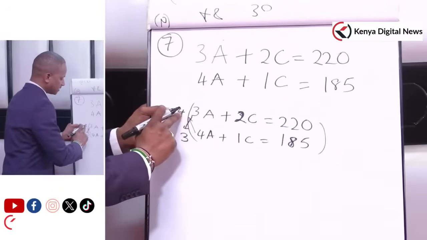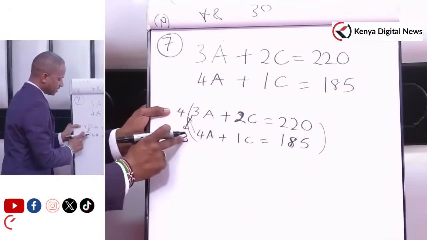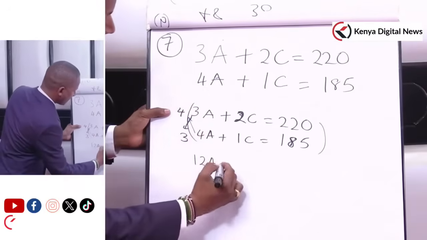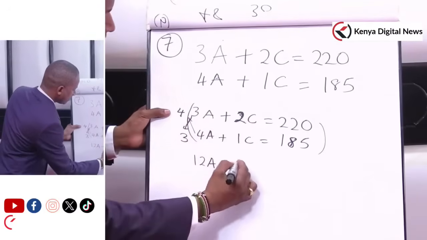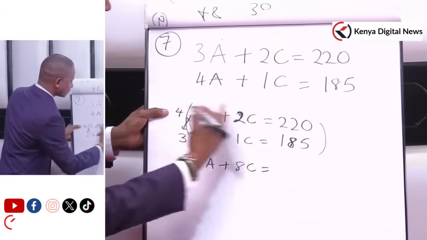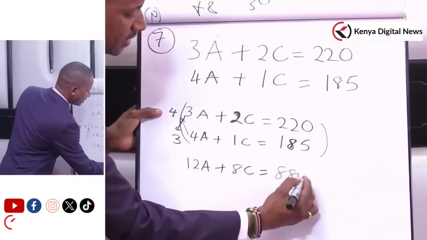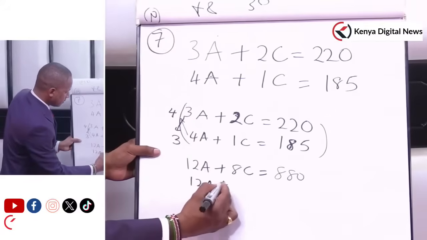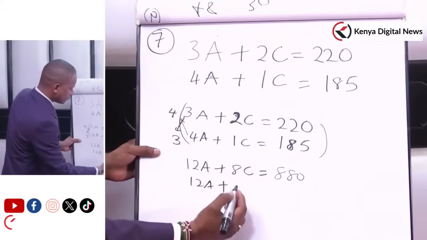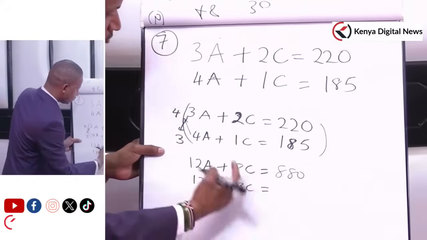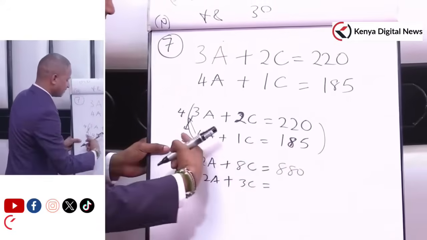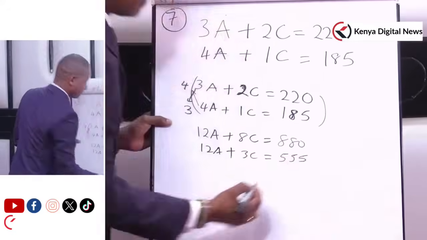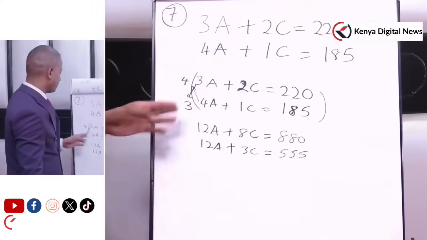So, if we multiply up by 4 and down by 3, then this is going to be 12A plus 4 times 2, 8C, equals 4 times 220, which is 880. Then the lower one is also 12A plus 3 times 1C, 3C, equals 185 times 3, which is 555.